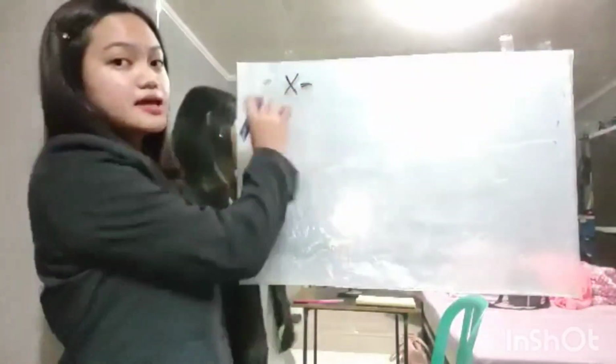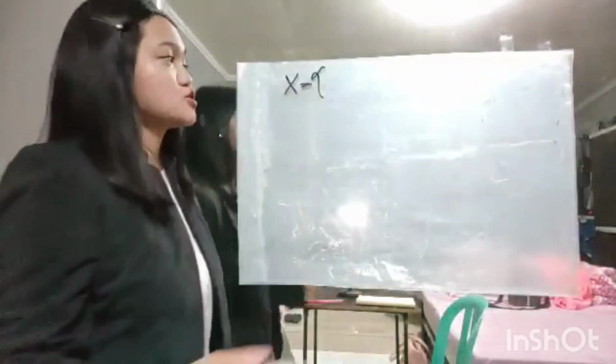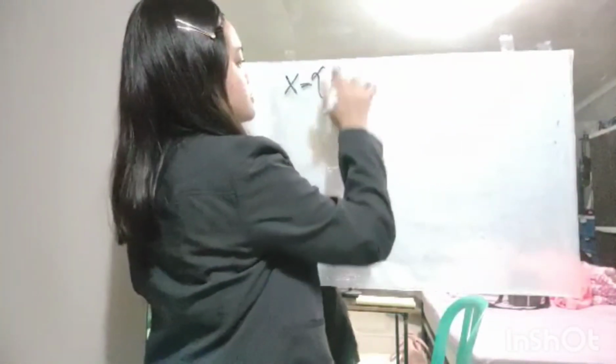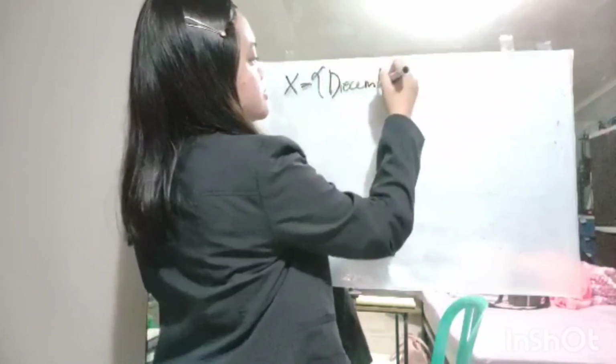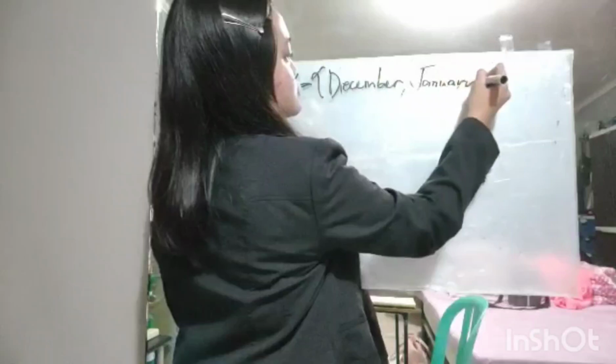So set X contains the months of the winter season, which are December, January, and February.